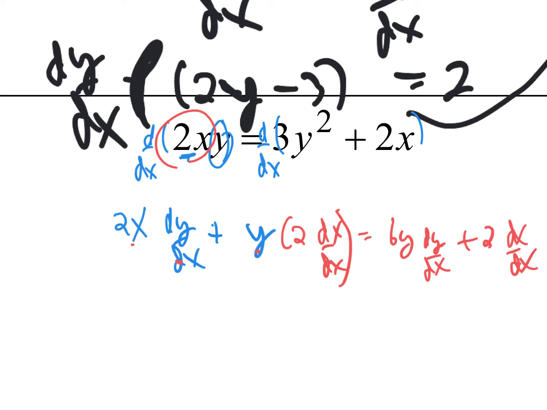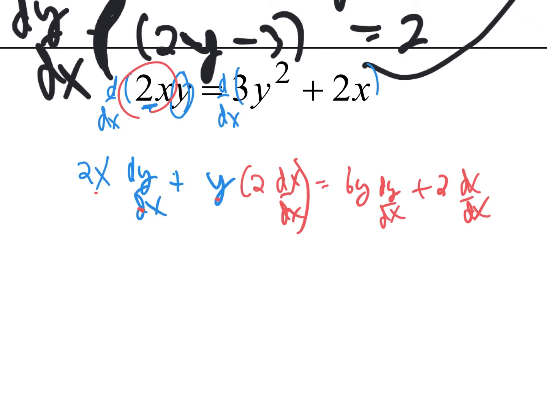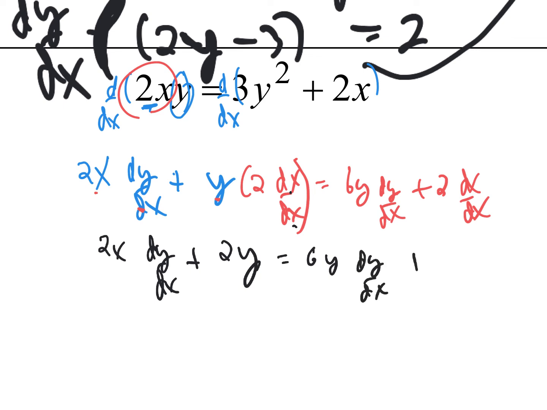And it won't be long where you won't be writing dx dx. You'll just understand that to be true. So when I rewrite it, it becomes 2x dy dx plus 2y, dx dx goes away, equals 6y dy dx plus a 2.